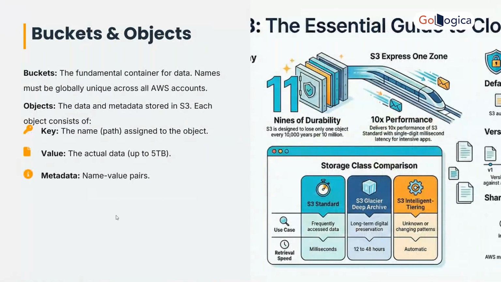Buckets and objects. Since S3 is an object store, to store these objects we need to create buckets. A bucket is the fundamental container of data, just like a folder that is holding our objects. The bucket name must be globally unique across all AWS accounts. We cannot share the same bucket name.